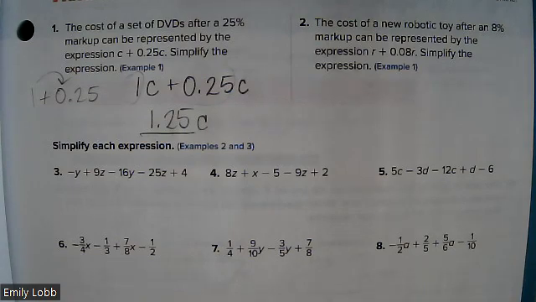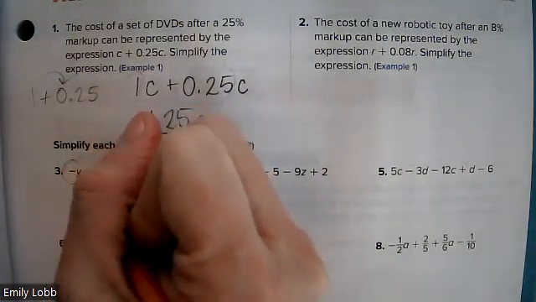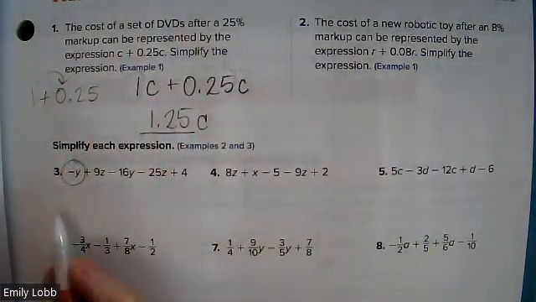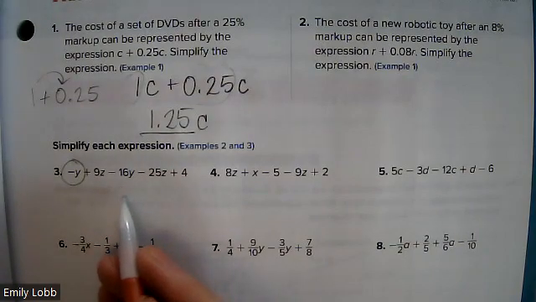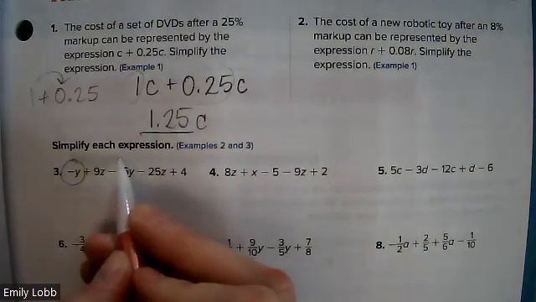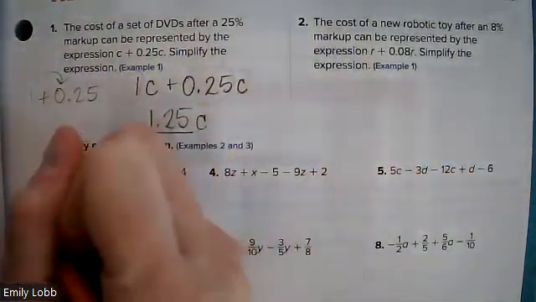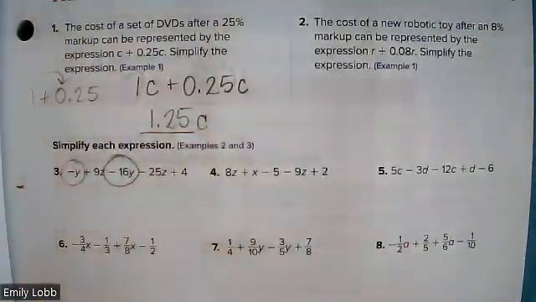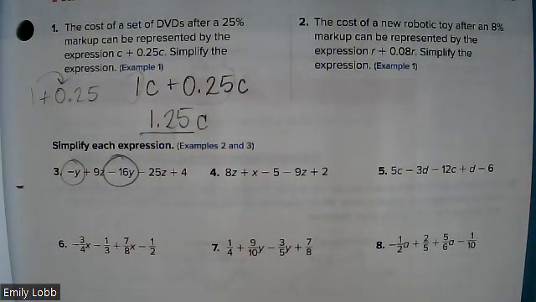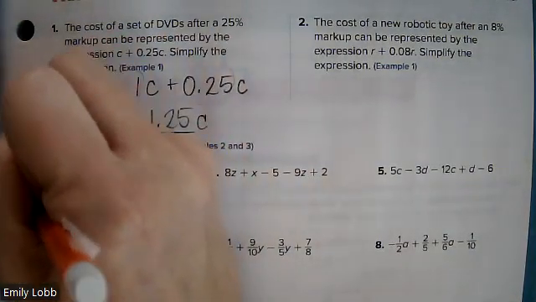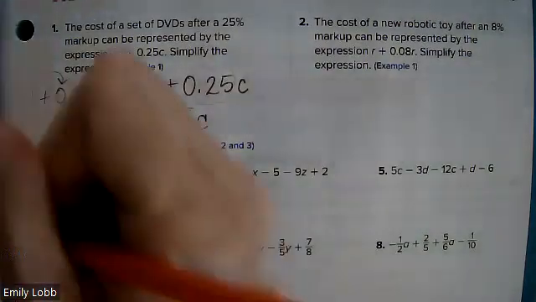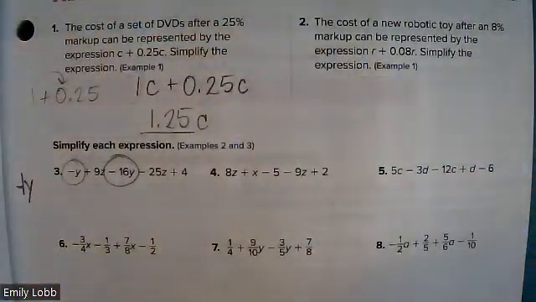Now, if you're getting stuck as you move forward here, I would recommend going step by step. So I would say negative y. What else has a y? This negative 16y, right? So I have negative, what's the coefficient of negative y? The coefficient of negative y is negative 1.